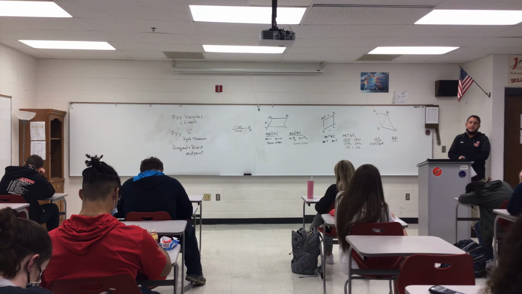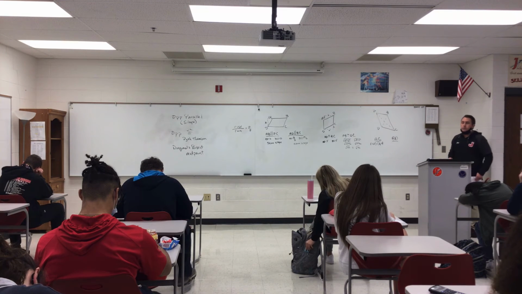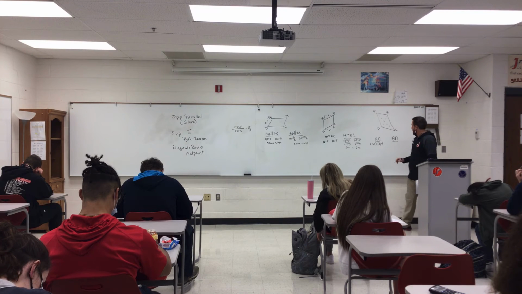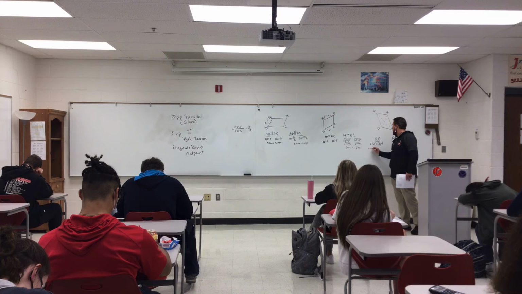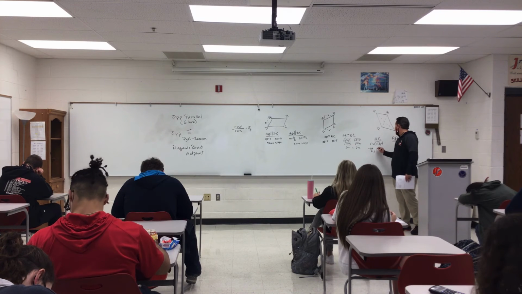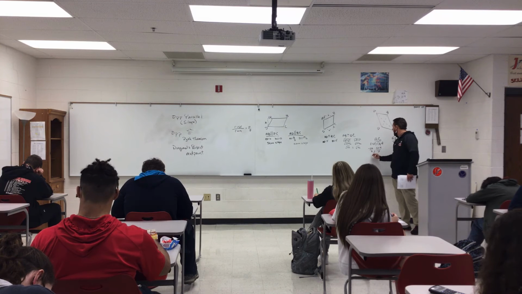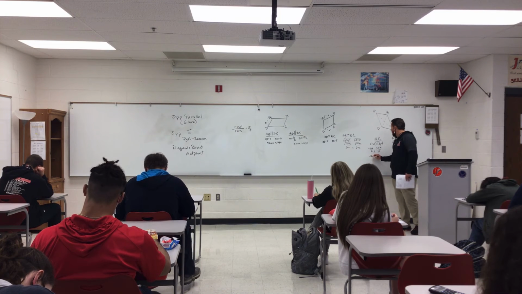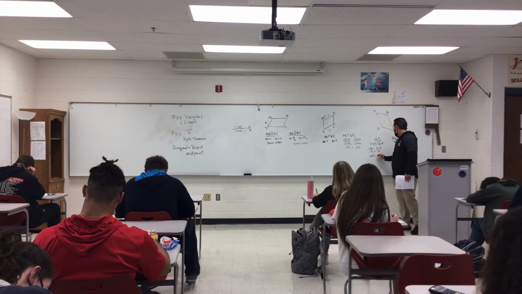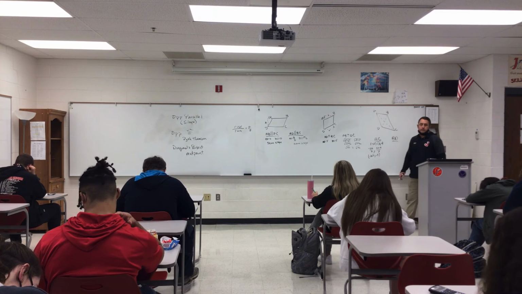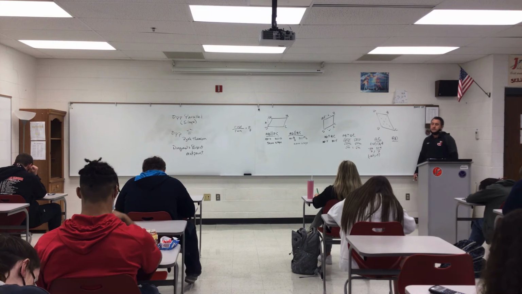So remember, midpoint is average, so I'm going to add the x's and divide by 2, add the y's, divide by 2. So -1 plus 6 divided by 2, and 5 plus -4 divided by 2. You can write as a decimal or fraction, doesn't matter. We just gotta see if it's the same on the other one.